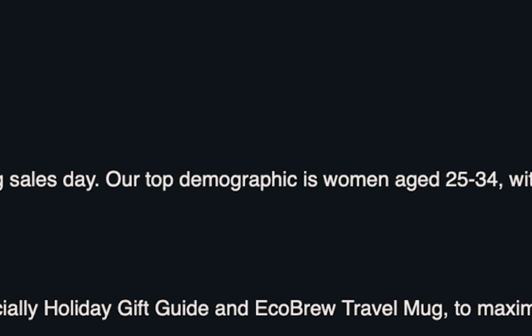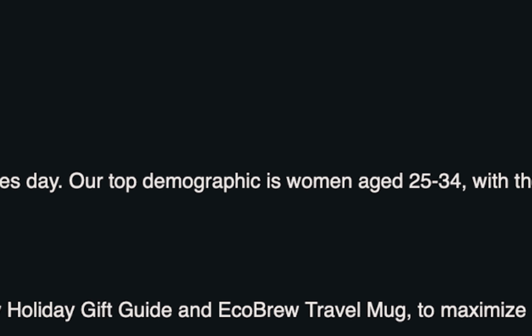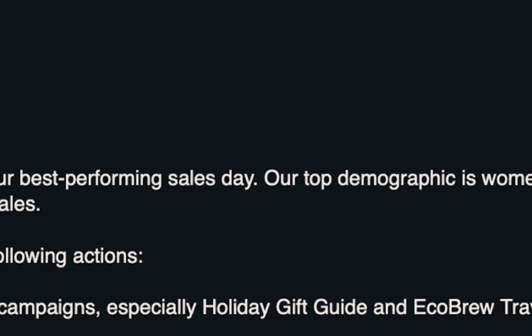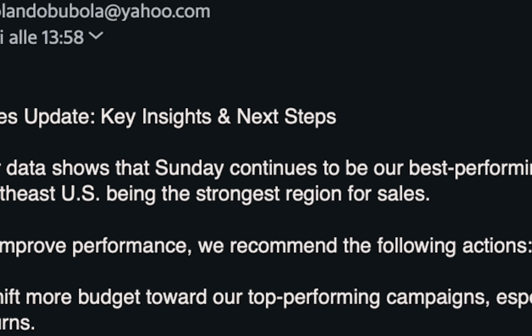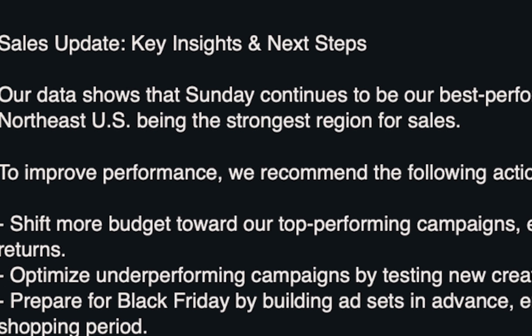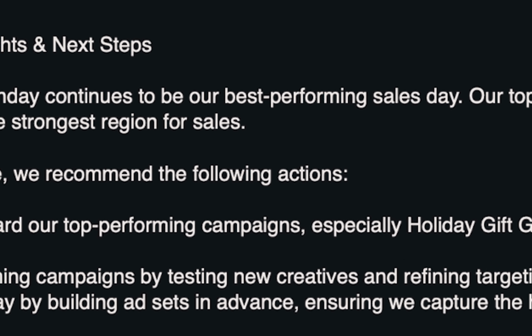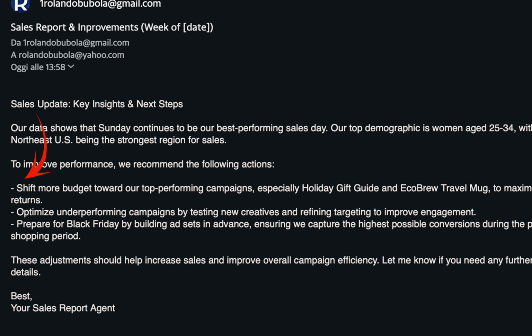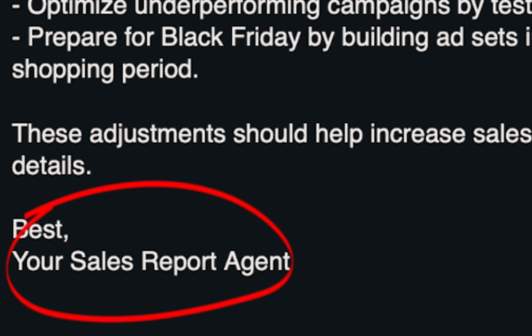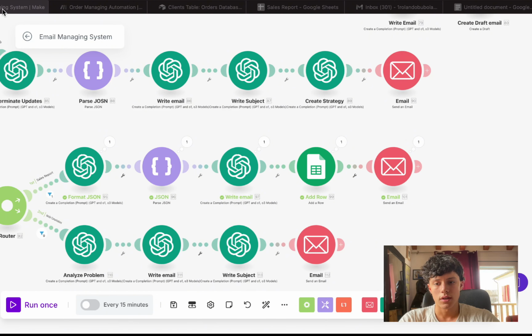Our top demographic is women aged from 25 to 34, with the northeastern US being the strongest region for sales. To improve performance, we recommend the following actions, and it gives 3 main actions to take to, as it just said, improve performance. And then it signs off with best, your sales report agent. And so this is what this route here does.